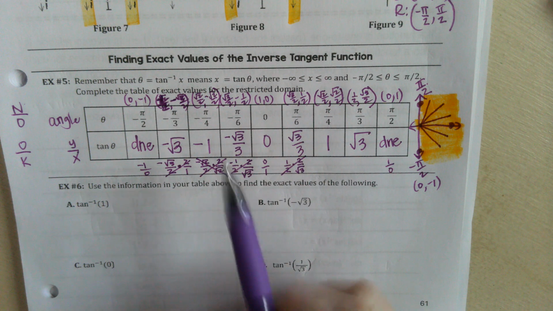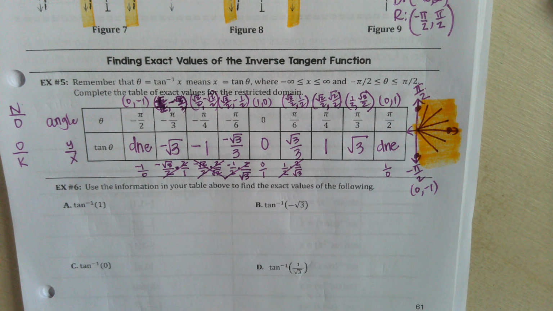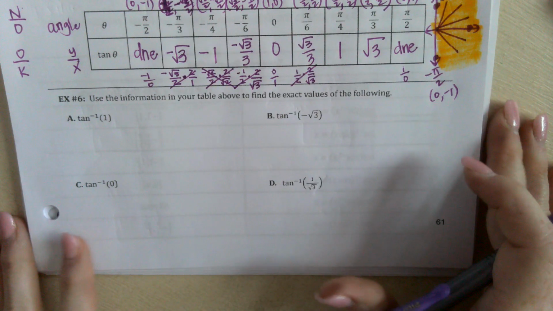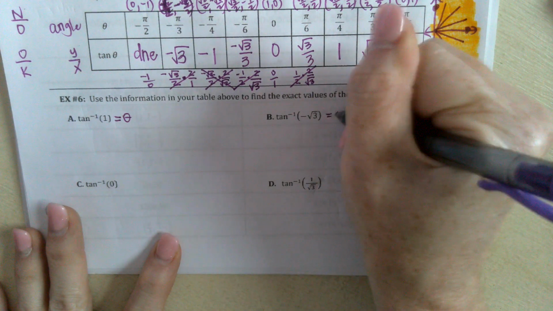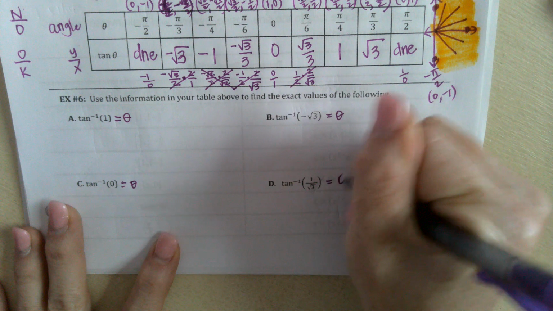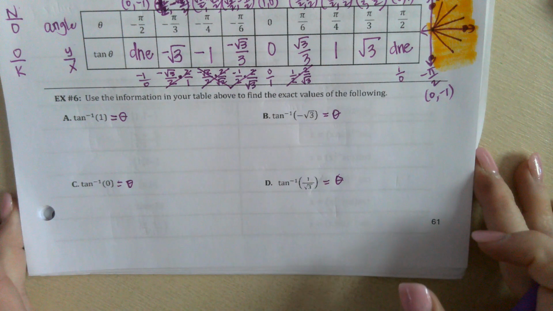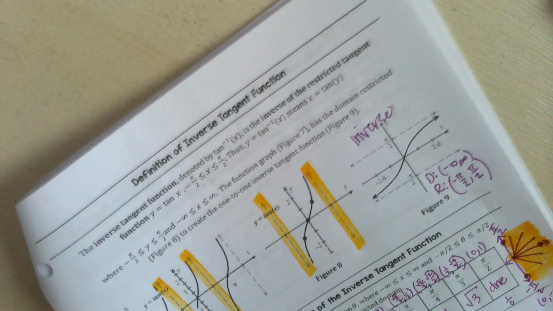Okay? Do you recognize the negative 1, 0, 1 as our key points? Okay? Y'all sit up, please. Okay. I want for you guys to calculate these for me. If I set every single one of these equal to theta, okay, what do I need to take of both sides to get rid of the tangent inverse? The tangent, okay?